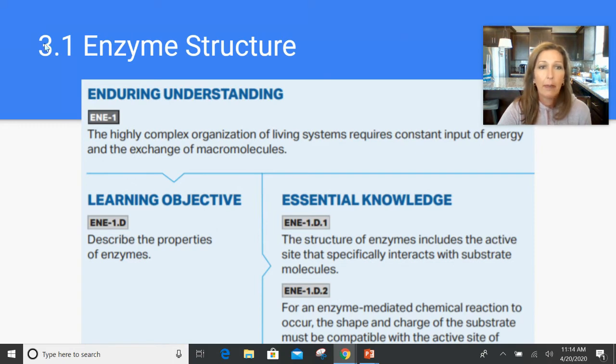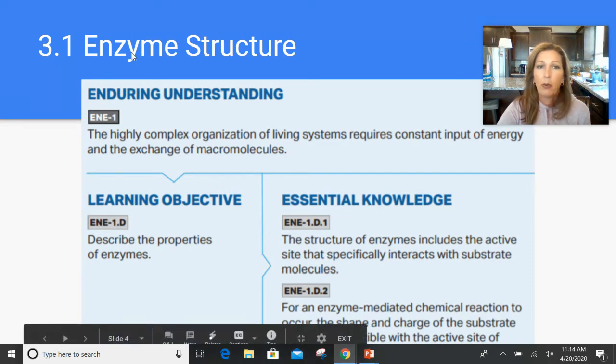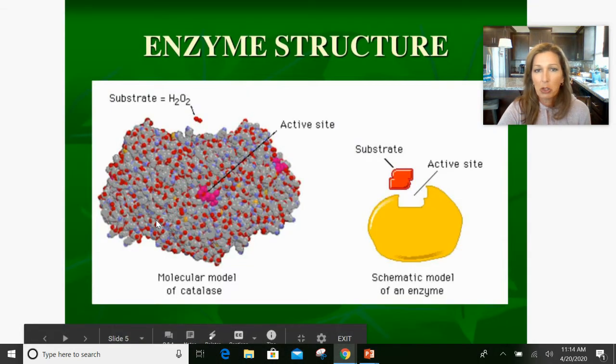So first, as far as the first learning objective that we need to be aware of, enzyme structure, super, super easy. Remember enzymes, these are biological catalysts, they're made of protein, and it's their shape that determines their action. With our enzymes, there is the active site.